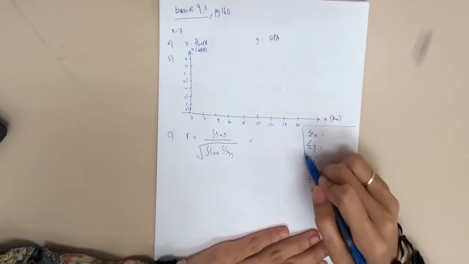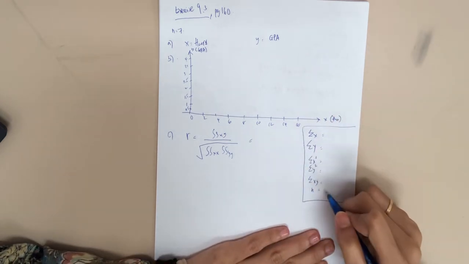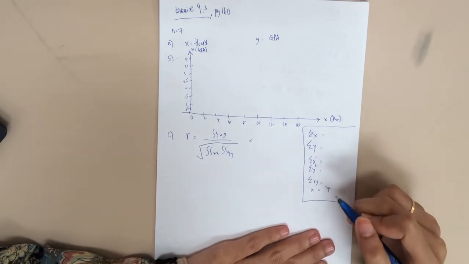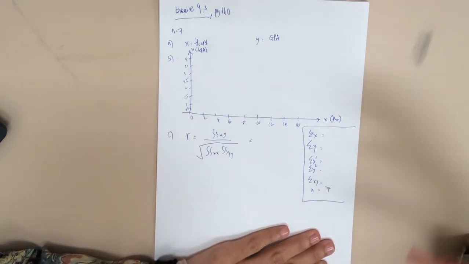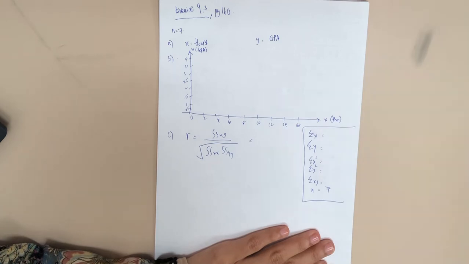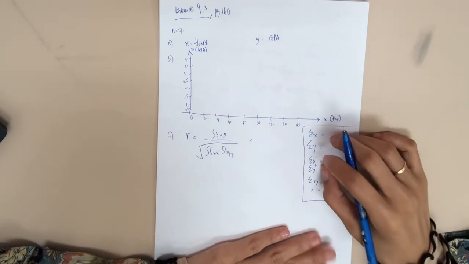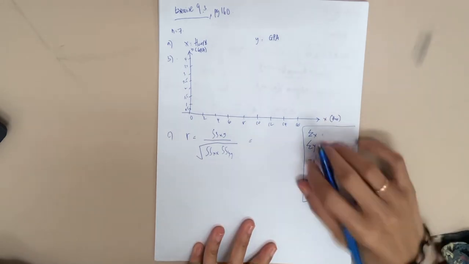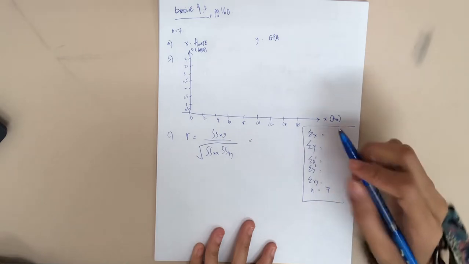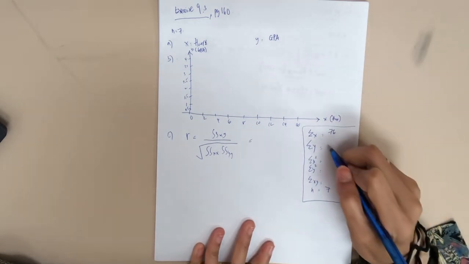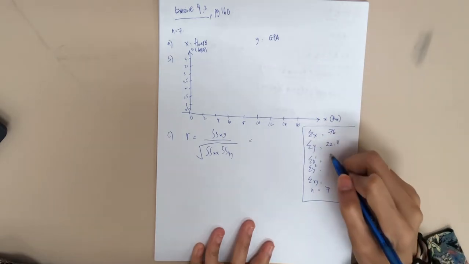So you can use your calculator. I already showed it in the previous example, in the example in linear coefficient correlation. So you can refer back to that video, and then after you get all the values, because I already calculated, I just write down the answers and you check with my answer.